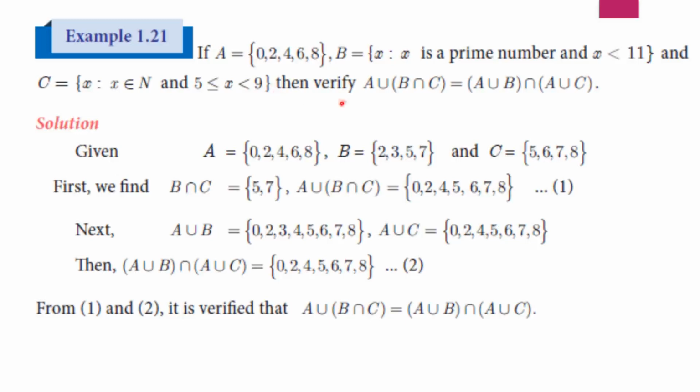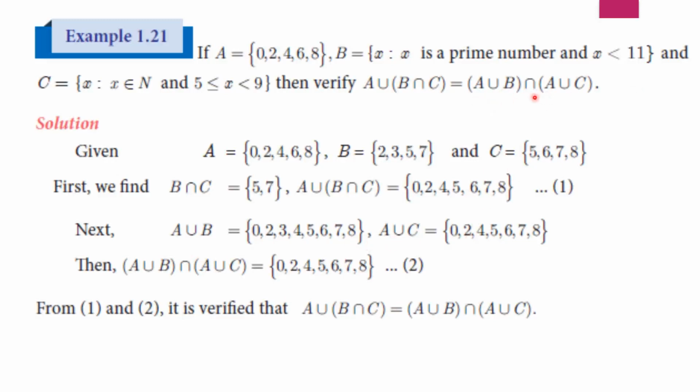Okay. Next you have to find the within brackets at first. So for the left hand side, first you have to find B intersection C. That is the common elements in B and C. Then you have to write A union B intersection C. You have to compare A and B intersection C. You have to write all the elements in these two sets and mark that as 1. Next, within the brackets for RHS, A union B, A union C. You have to find A union B and A union C separately.